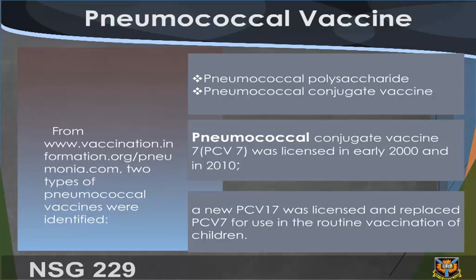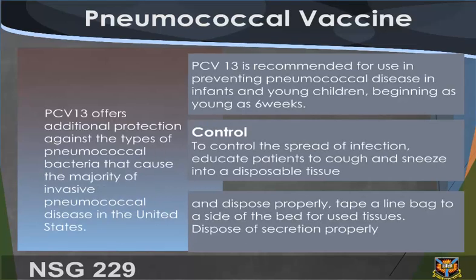Pneumococcal vaccine. From www.vaccination.information.org/pneumonia.com, 2 types of pneumococcal vaccines were identified: pneumococcal polysaccharide and pneumococcal conjugate vaccine. Pneumococcal conjugate vaccine 7, PCV7, was licensed in early 2000, and in 2010 a new PCV13 was licensed and replaced PCV7 for use in the routine vaccination of children.